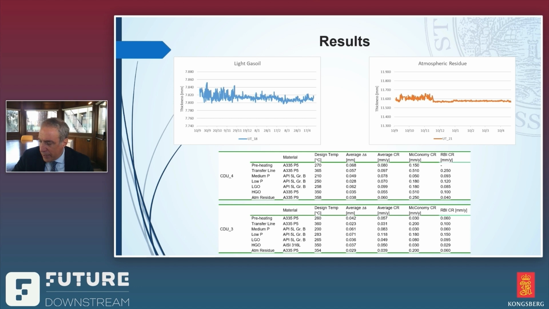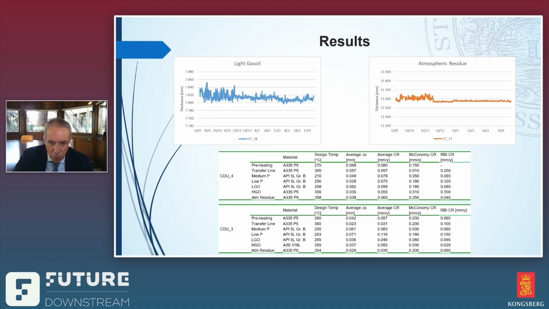So comparing the results, in this column you can see the average corrosion rate in millimeters per year was very low, compared to both the Meconomy prediction, which was the prediction from the researcher who studied the corrosion, and also to our risk-based inspection corrosion rate, which is our prediction from our risk assessment.